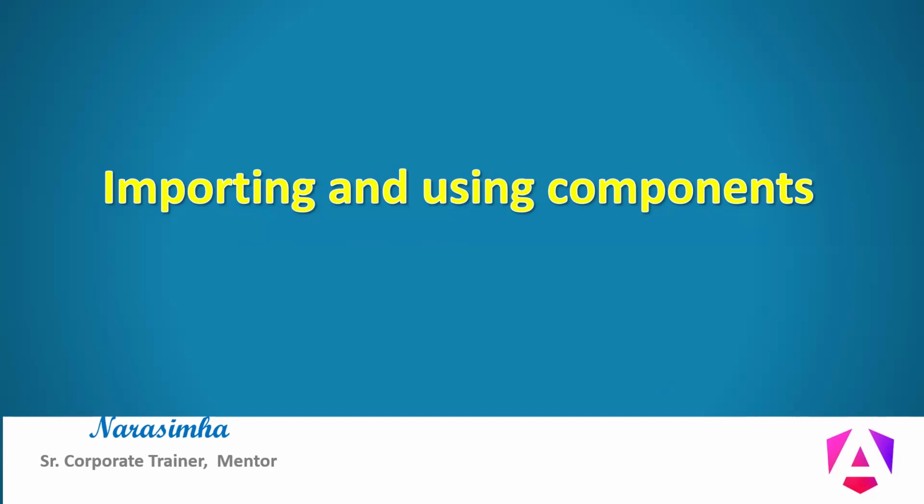Accordingly, there are routing changes and service usage changes. These are all different syntactical changes, but conceptually it will be the same. In my upcoming videos, I'm going to address the rest of the key features and changes with respect to standalone components. I hope this video is very helpful to you.